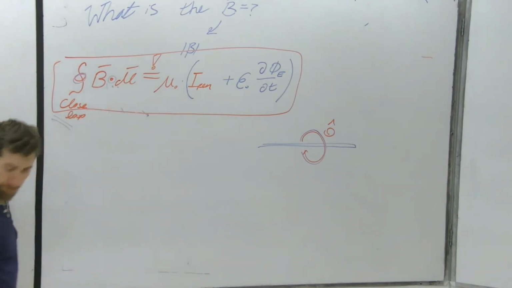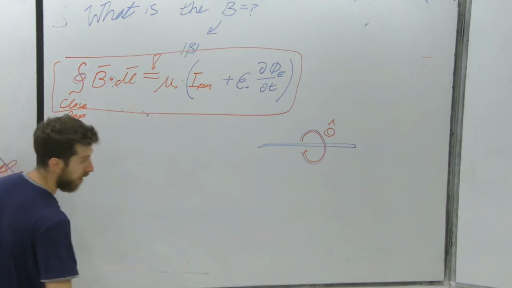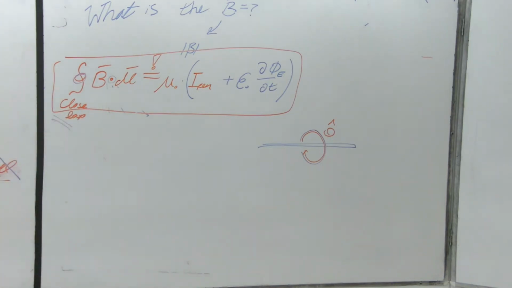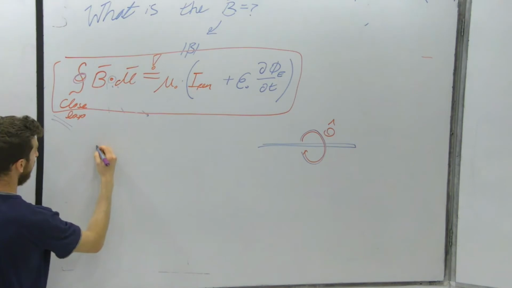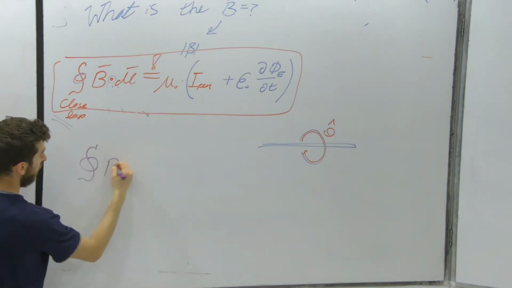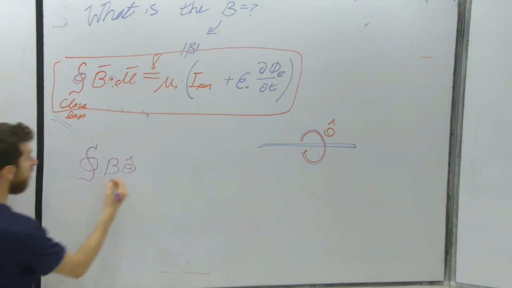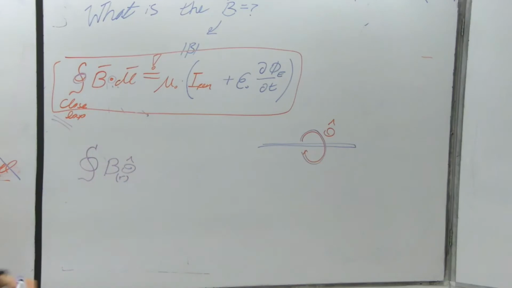So what I actually told you is that I want to have the loop looking like this. B, I know it is in the direction of theta, and I know that it's dependent on the distance from this wire, right?